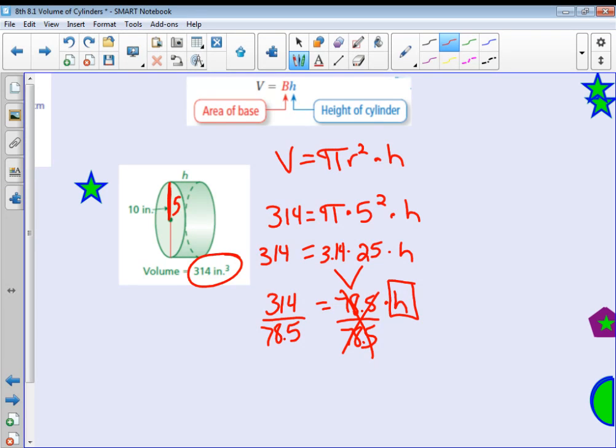So 314 divided by 78.5 gives me 4. So my height is 4 inches. Okay, so that's it. Once again, using that formula, area of base times height, it's just that this time you're solving for an unknown when the volume is given.